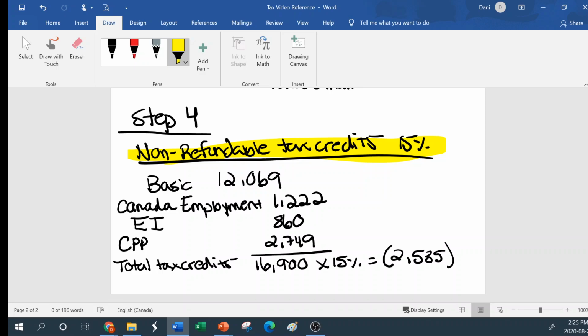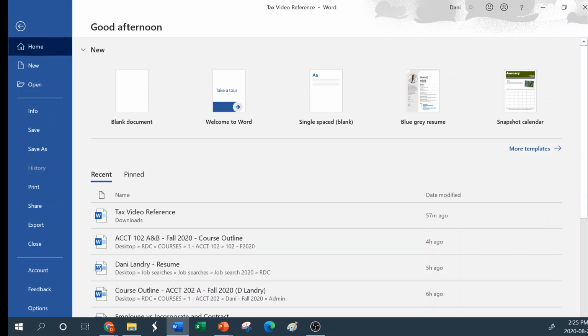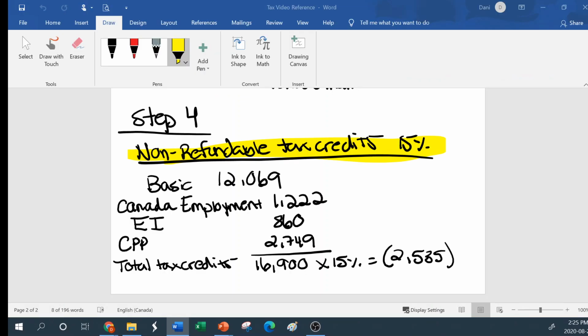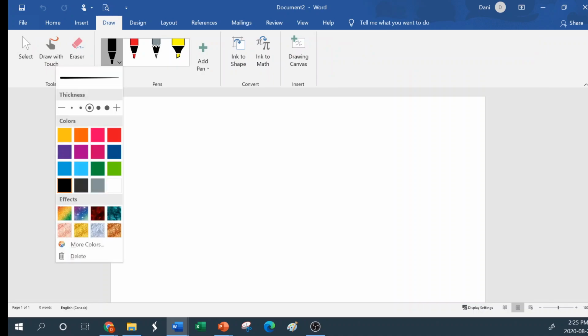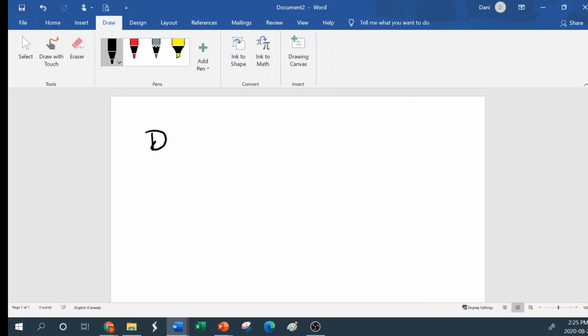So for example, I wonder if I can add a page here. Let's just see if this works. Let's say that we had charitable contributions, or that we made some sort of donation in the year. That's also considered a tax credit, but it's not at the 15%.